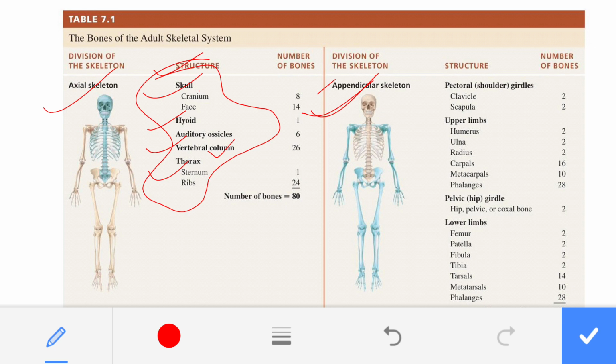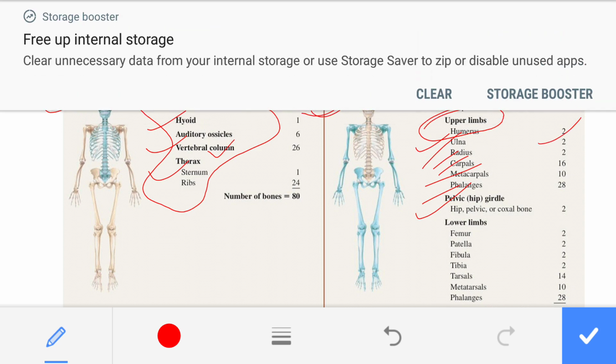In the appendicular skeleton, the structures included are the pectoral girdle, that is the shoulder girdle, then the pelvic girdle. These are the two girdles in the appendicular skeleton. Then the bones of the upper limbs: humerus, ulna, radius, carpals, metacarpals, phalanges. And here you can see these are the numbers.